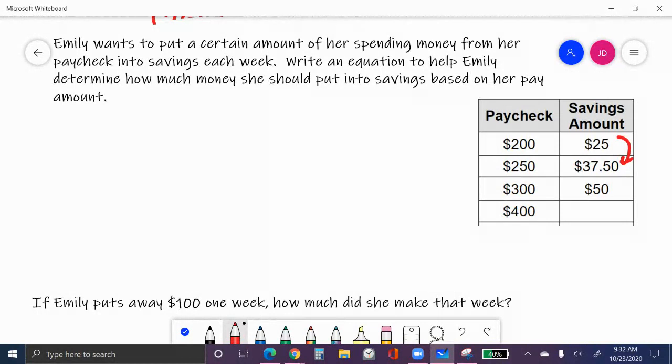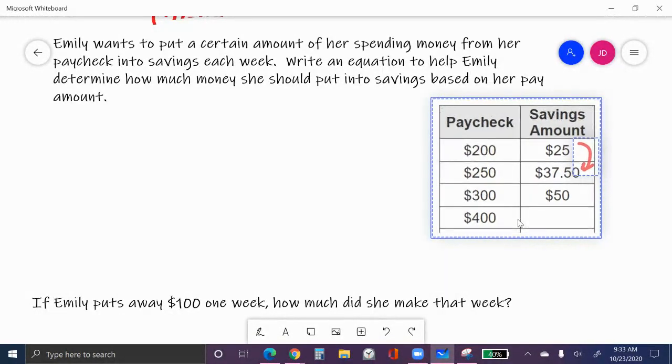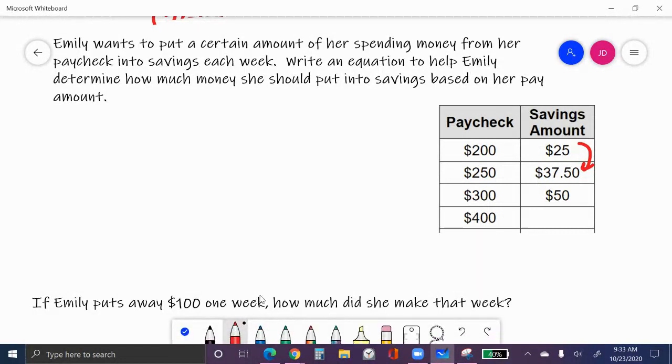$25 to $37.50 goes up $7.50 or 7.5. No, that's not right. That's 12.5. Let me move the table to give myself some more room. So this goes up $12.50 or 12.5.